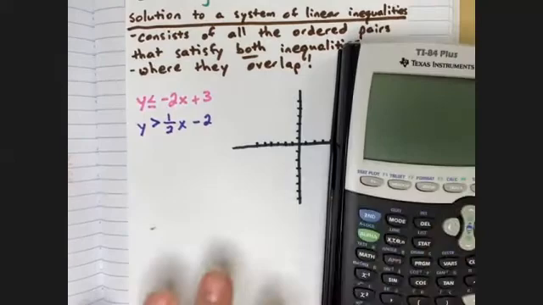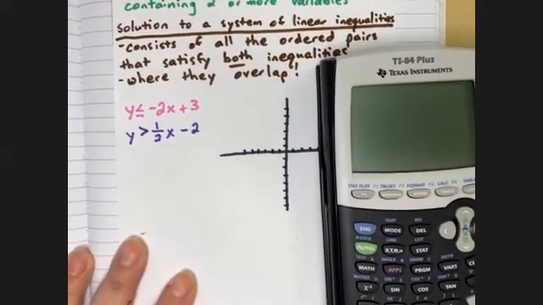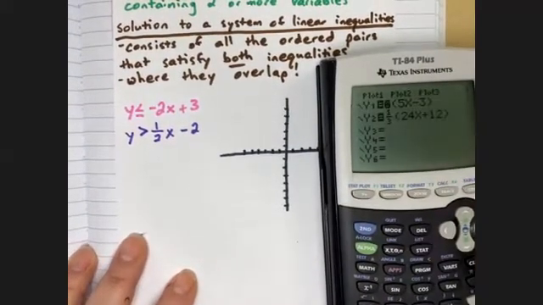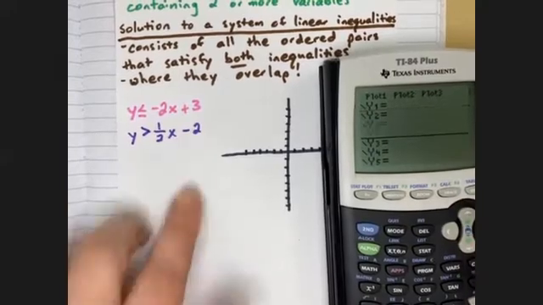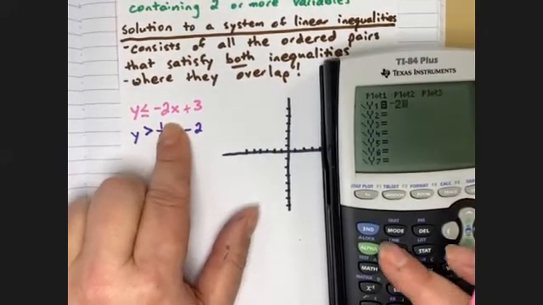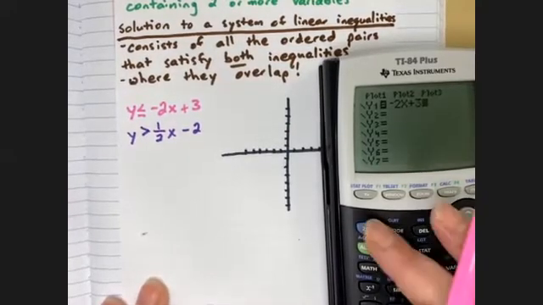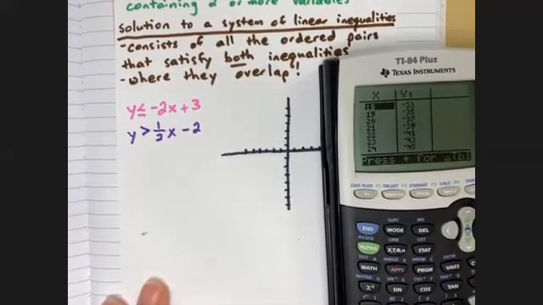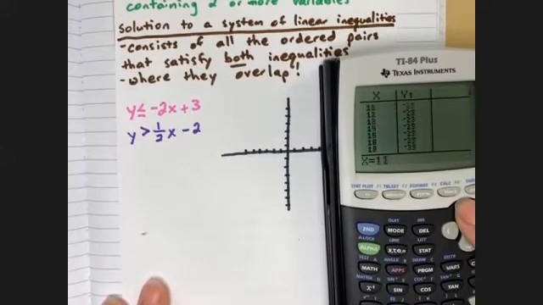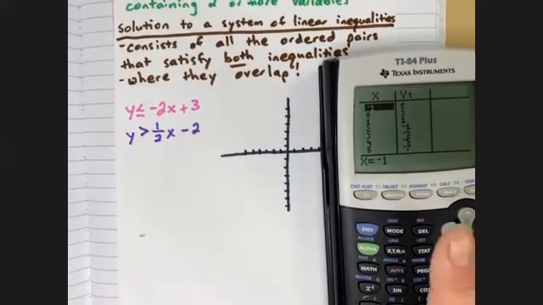All right, so I can do this a couple of ways. If I use my handy dandy calculator, I can go to my y equals, clear out whatever's in there, and I can just type in negative 2x plus 3. This is probably how you're going to do it. Then I'm looking at the table. Now, obviously, I don't want anything quite this big, so I'm going to go backwards. And so I have -1, 5.